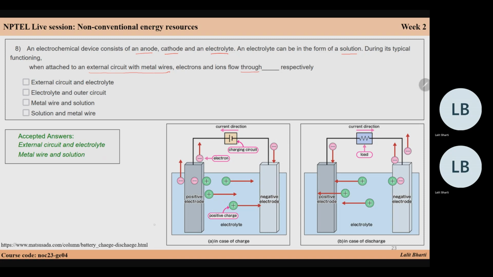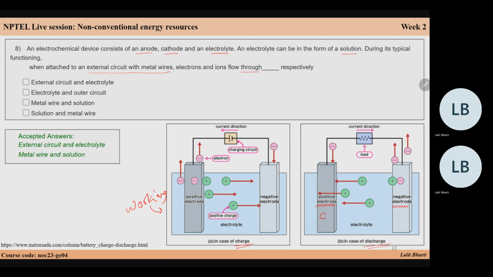So here is a basic schematic or simple diagram of the working of a battery. This is the working mechanism. The first one is charging and the second one is discharge. You can see this is the positive electrode, or you can say it is a cathode.